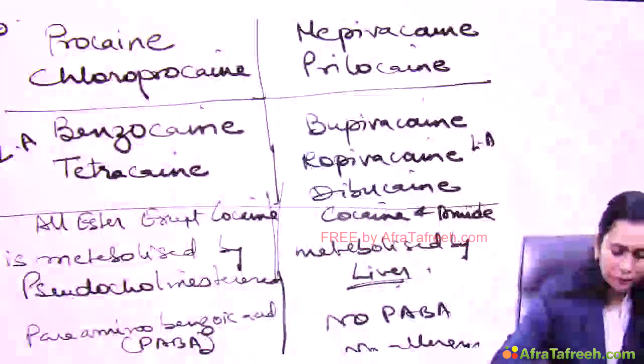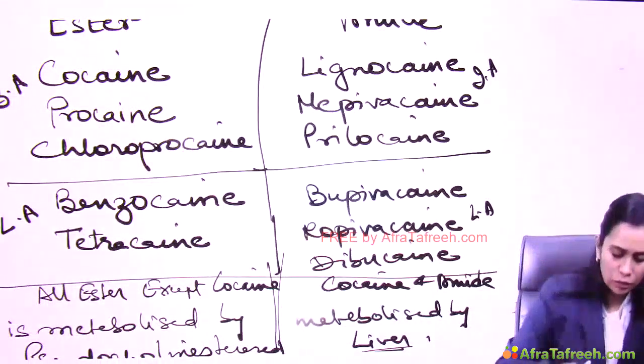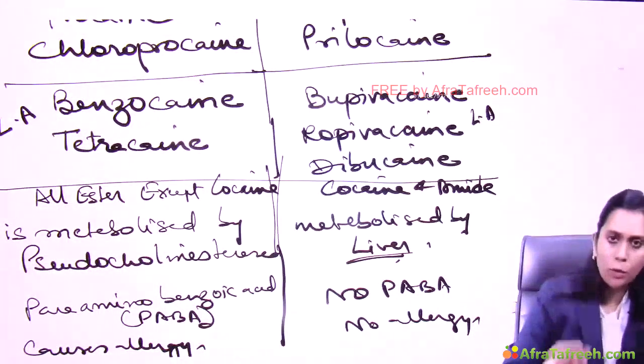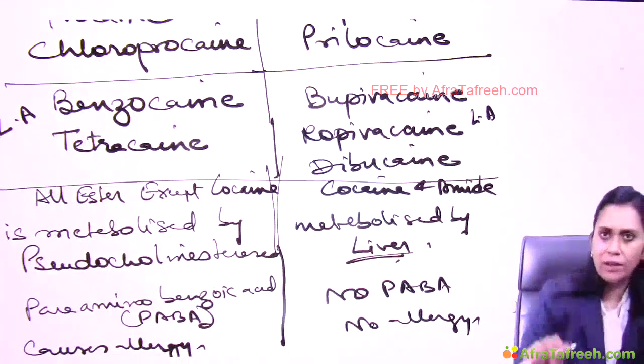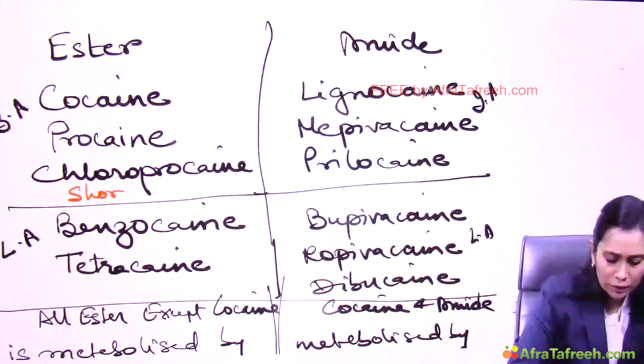Next is procaine. Short acting ester, pseudocholinesterase, allergic reaction. Nothing else. Chloroprocaine. Short acting ester, pseudocholinesterase, allergic reaction. One extra point. These three all are short acting, but chloroprocaine is the shortest acting.